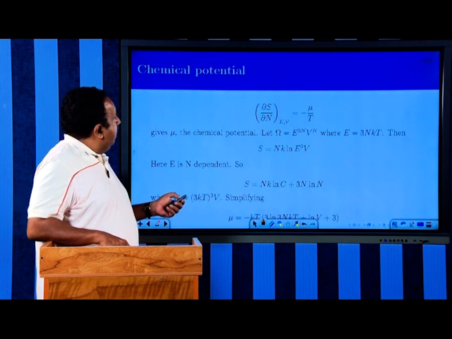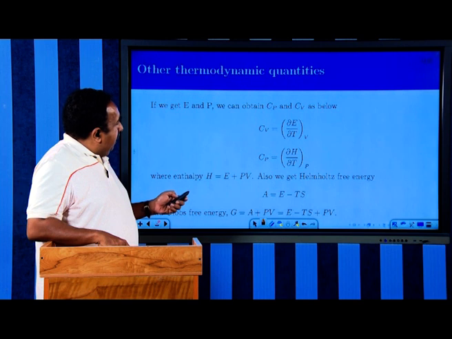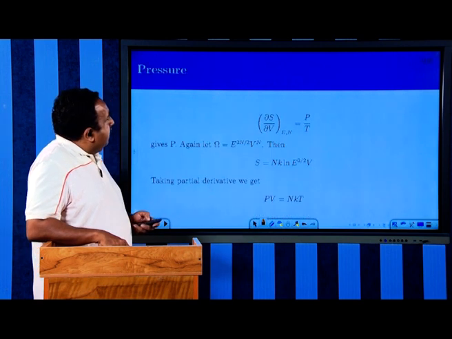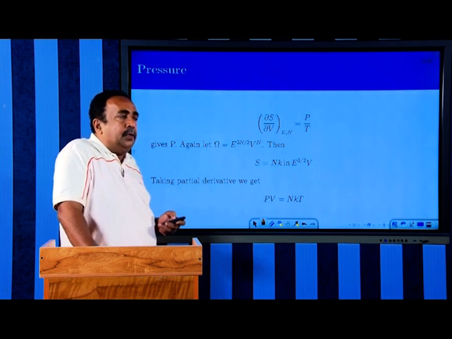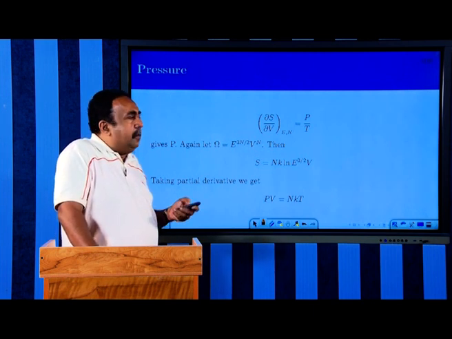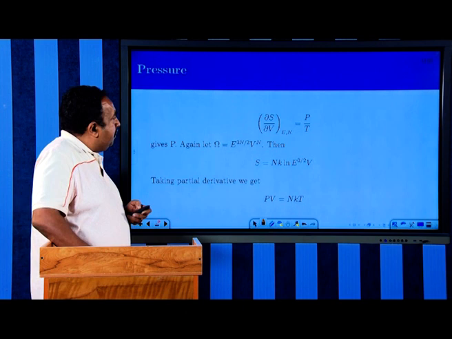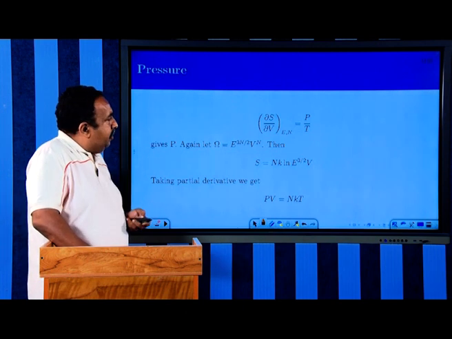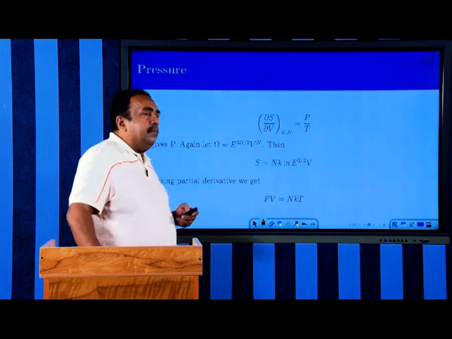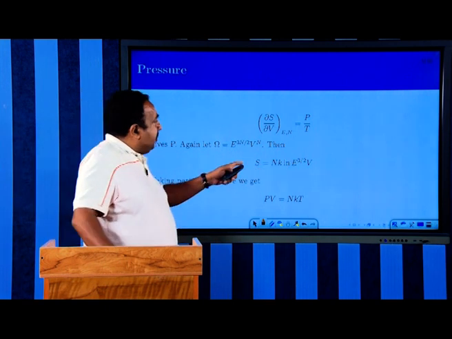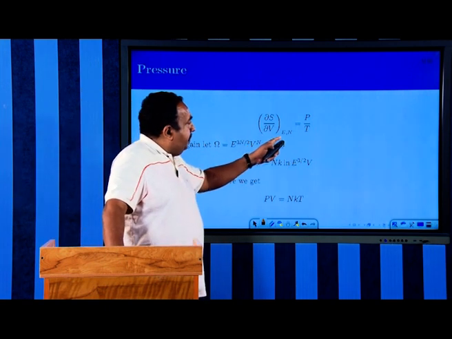Now, let us find out, okay, sorry, I will find out pressure also. Therefore, if I want pressure, TdS is equal to dE plus PdV minus mu dN. If I am interested in finding out pressure, I will take the same omega. Now, S is equal to Nk log E raised to 3 by 2 into V. Now, this is dou S by dou V keeping E and N constant.